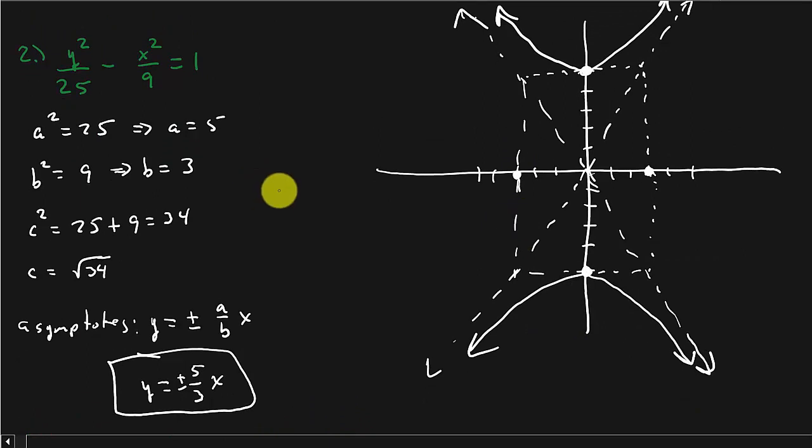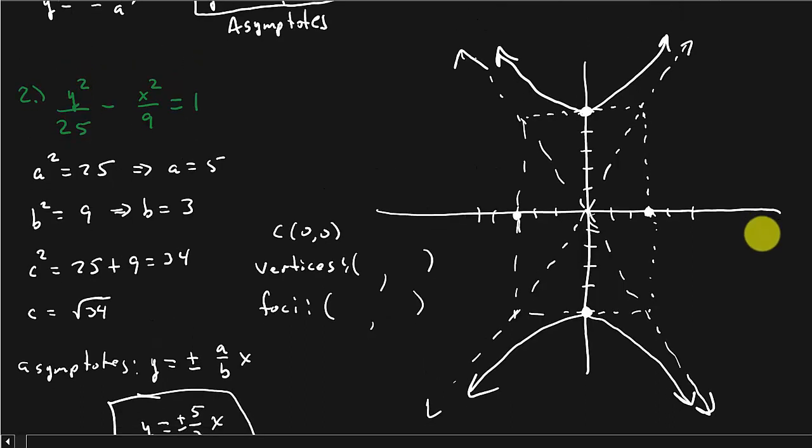And of course, we can see the center is 0, 0. And then we need what? We need the vertices. And we need the foci, right? Okay, so we can see on the vertices and the foci, the x-coordinate is 0, right?